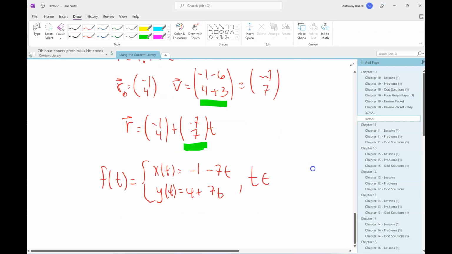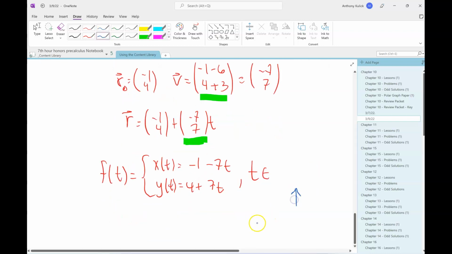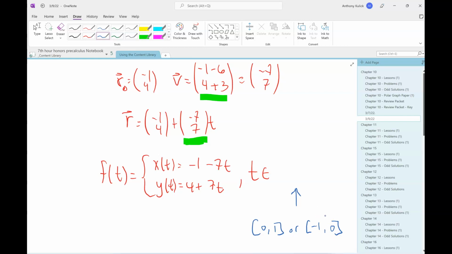So what this boils down to is this interval here will always be either 0, 1 or -1, 0. Presuming you use the vector equation for the line, that'll always be the interval for your parameter, which is wicked nice because now it's just like a check problem, right?